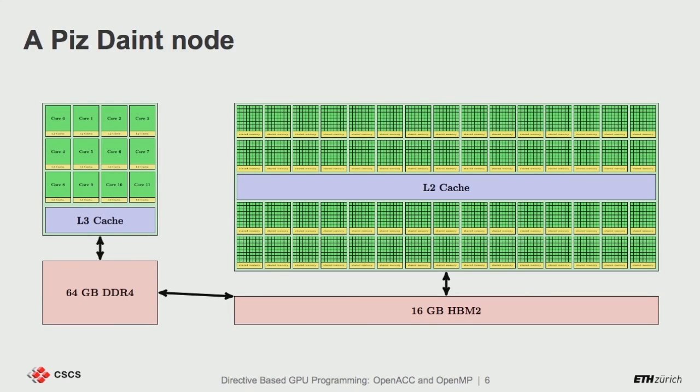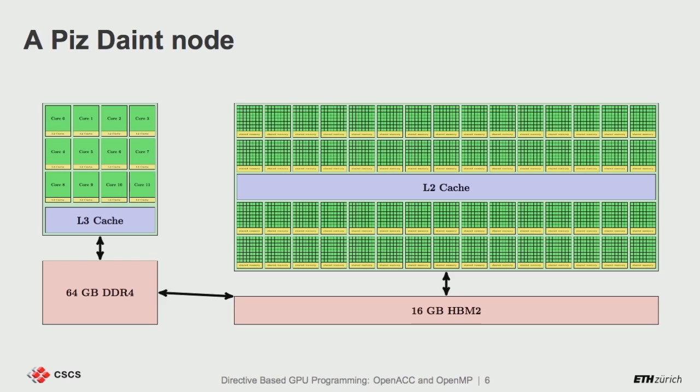So this is how a node of Piz Daint looks like. It has basically 2 parts. On the left-hand side, you can see the CPU. The green parts are the cores. We have 12 cores.